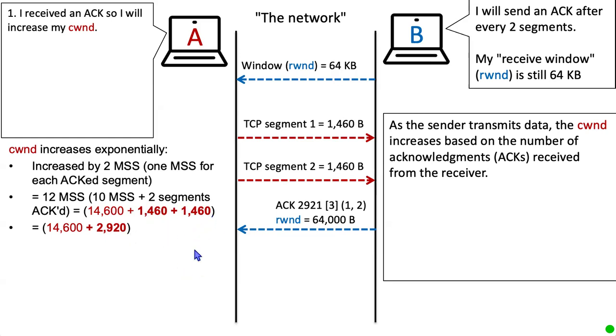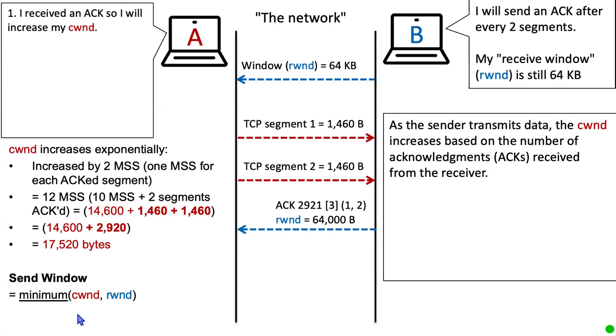The 2 maximum segment sizes that are the acknowledgement for the 2 segments that I sent you, each of 1,460 bytes. Okay, I think you're following this. So it's increased 2 segment sizes. So now we're at the congestion window at 17,520 bytes.